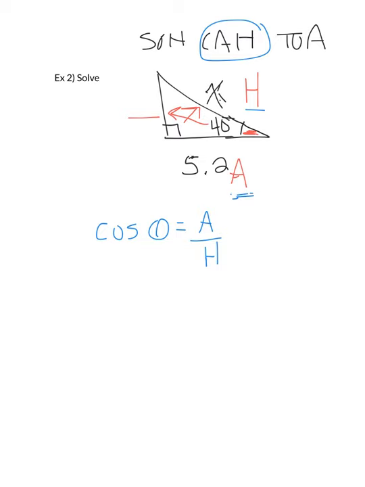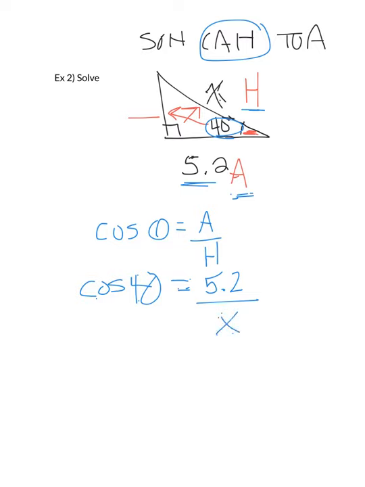And then my next step is to plug in the information that I know. So I have cos of my angle, my angle is 40 degrees, is equal to adjacent 5.2 divided by my hypotenuse, which was my x.